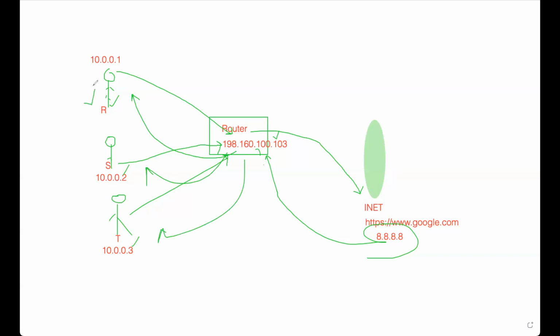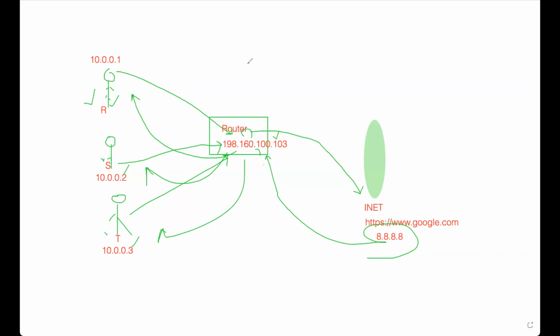User R may go to google.com and search for a game. S user may search for a social media website. And T user may do something like banking. So everyone does different actions on Google. How does the router differentiate them? They will differentiate using the source port.